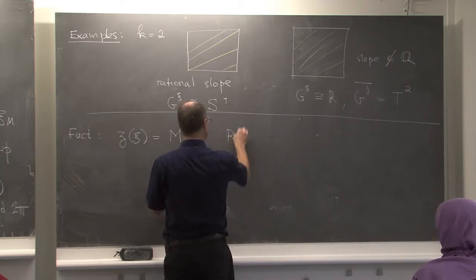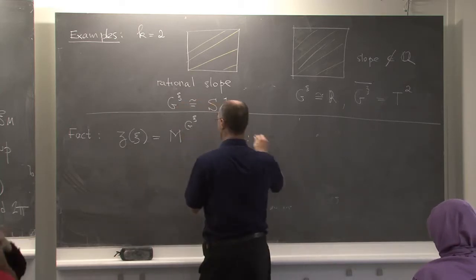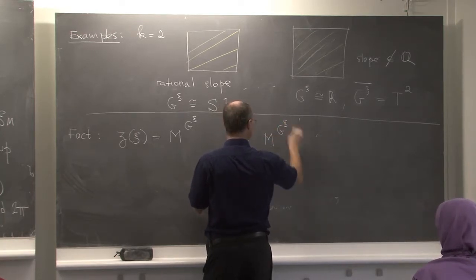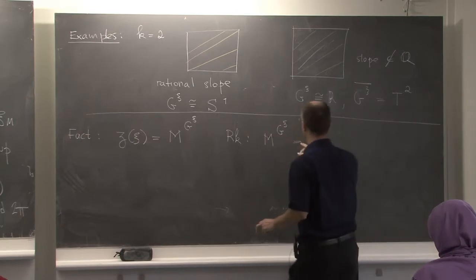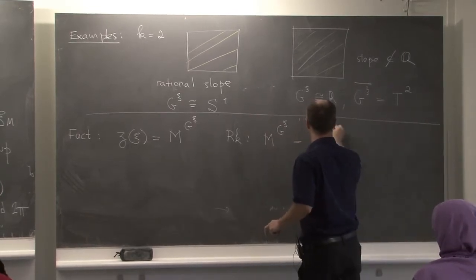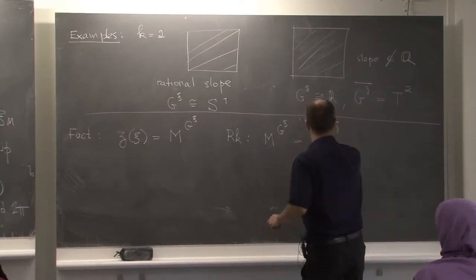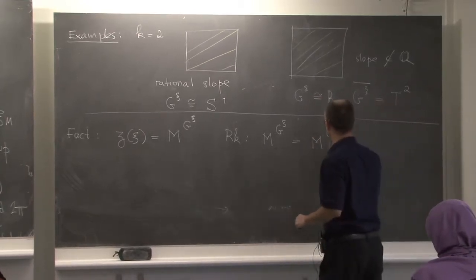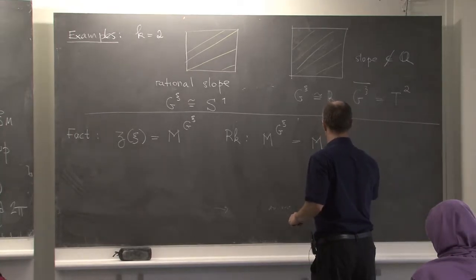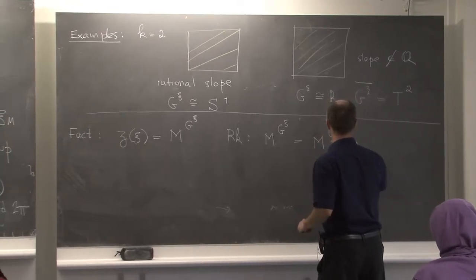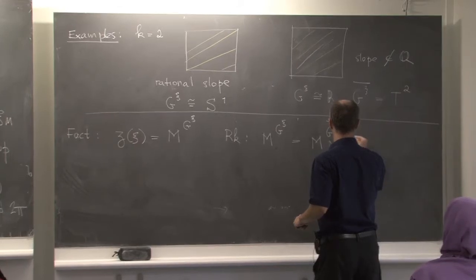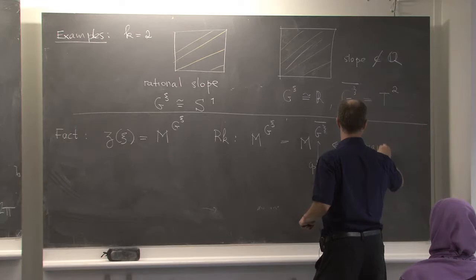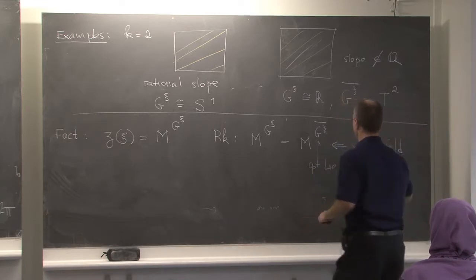And in particular, what is nice? Last time we discussed that the fixed point set of a subgroup coincides with the fixed point set of its closure. The closure is a compact Lie group, and therefore this is a submanifold.